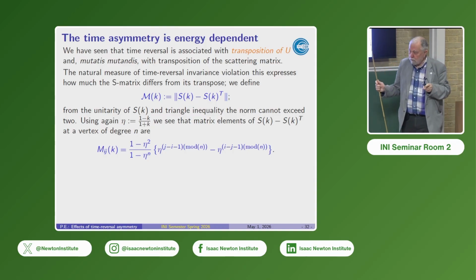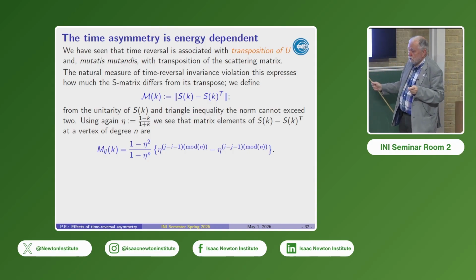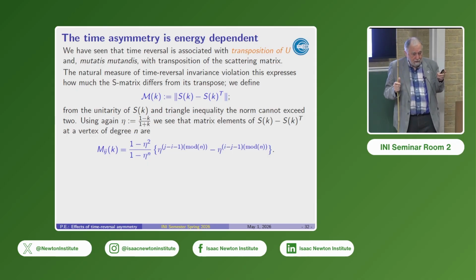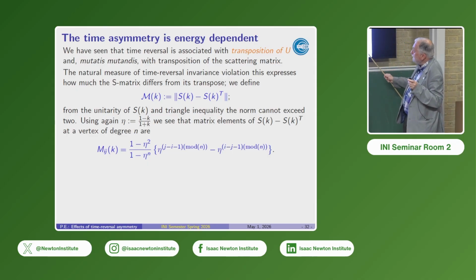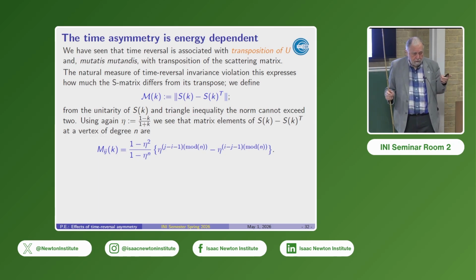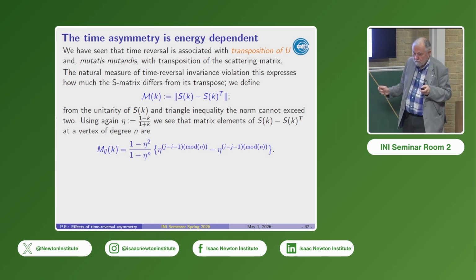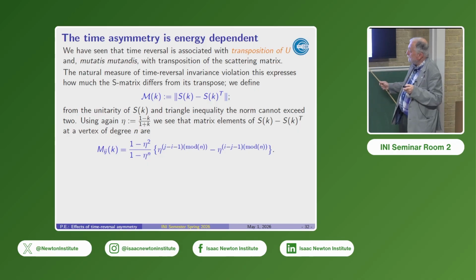Now this property translates to the S matrix, so the natural quantity to characterize the violation would be the norm of the difference of the S matrix and the transposed S matrix. Of course, that's a bounded quantity by unitarity; it cannot exceed 2. So let's look at how it looks.